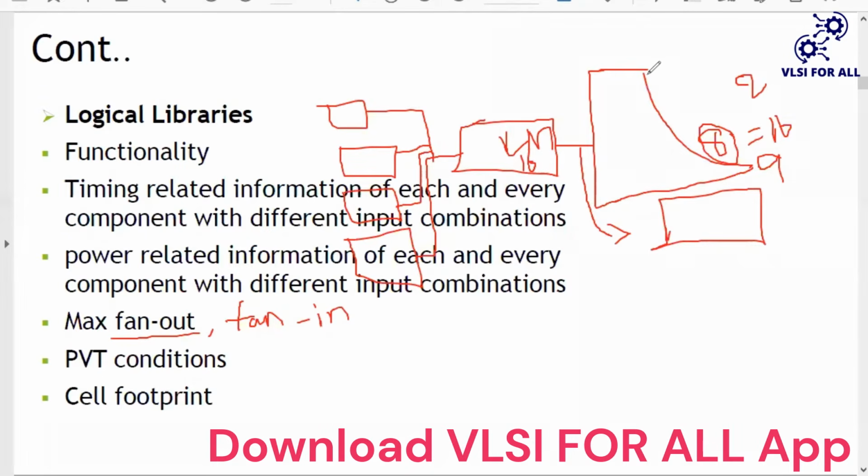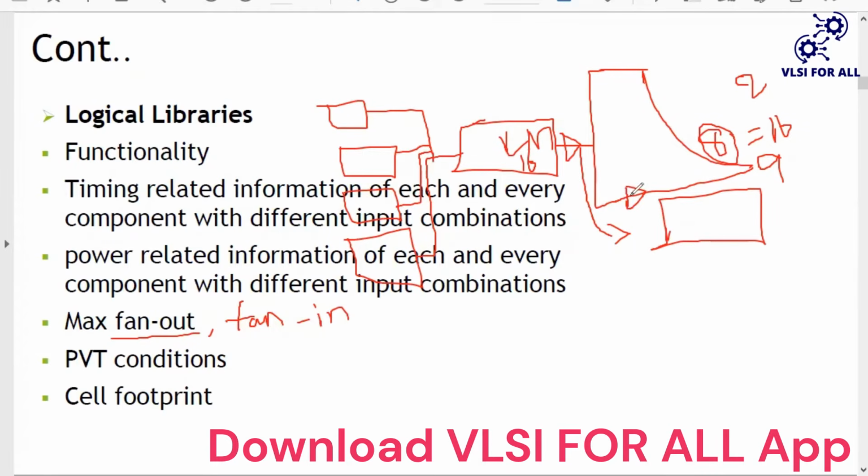How to remove it? Those issues we can fix in placement and CTS, but we can also explain it in the logical fan out concept. How are 9 cells driven? We need to add some more buffers, or we can add a higher drive strength cell at this input pin, and it will be resolved.